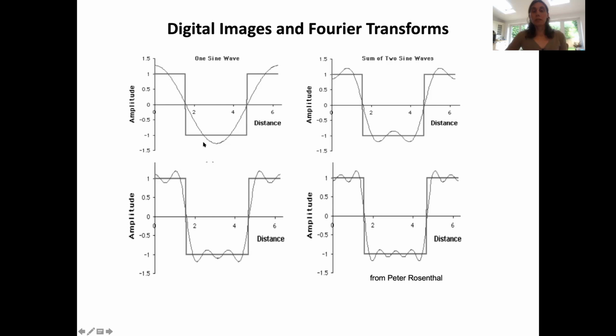You can approximate it decently well with a sine function, but you can do better if you sum 2 sine functions, and even better if you sum 3 and 4, etc. Eventually, when you've summed an infinite amount of sine functions, you have your hat function back. So that means that there's an infinite amount of Fourier components.